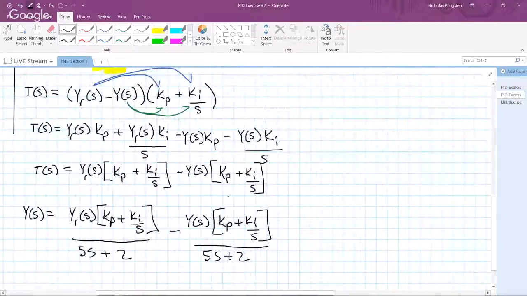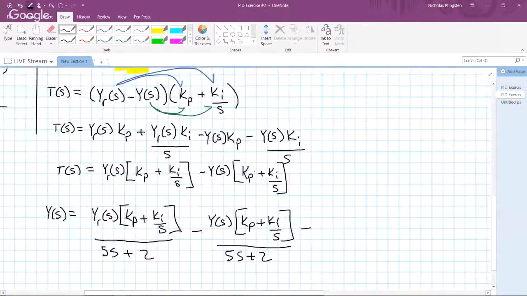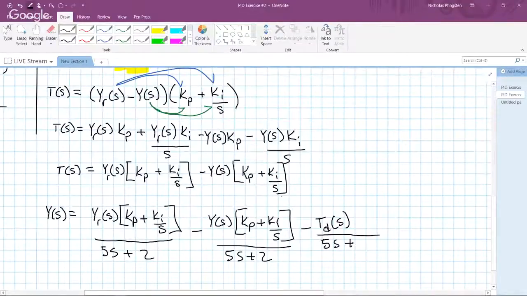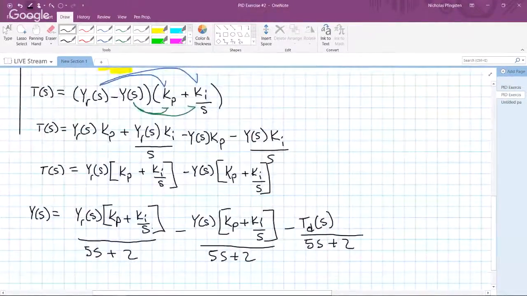And last but not least, minus Td of S all over 5S plus 2. All right. So this is that expression that has everything.